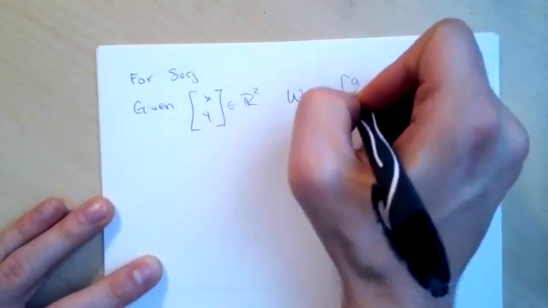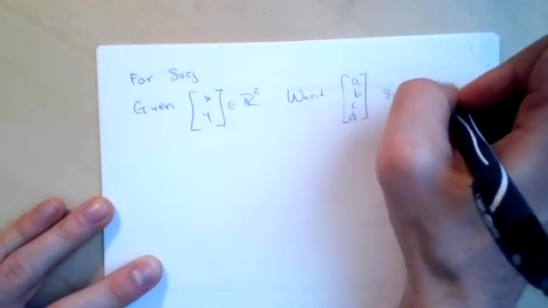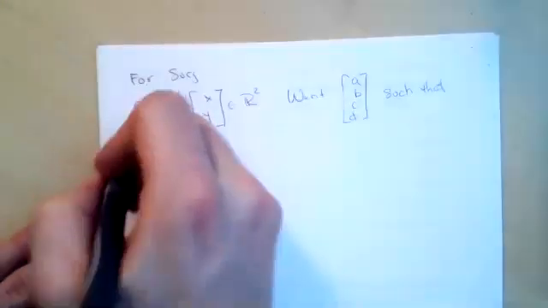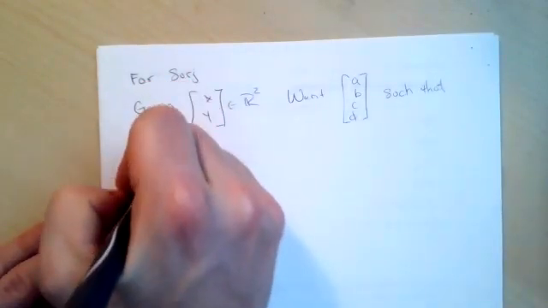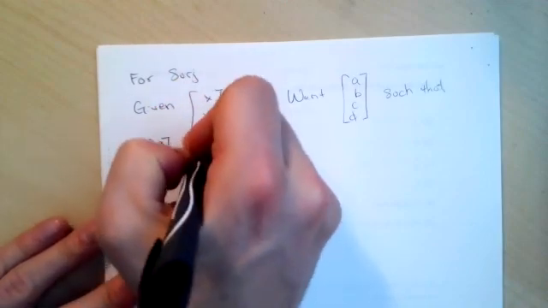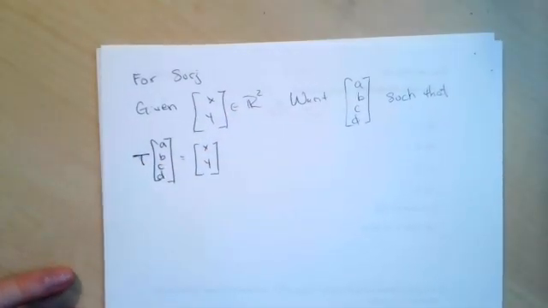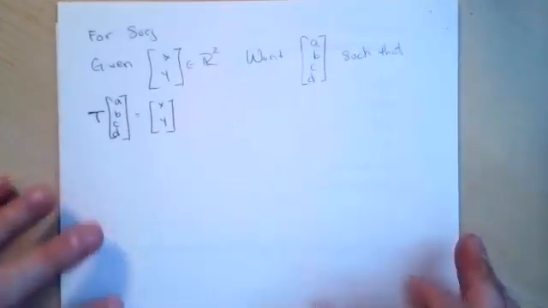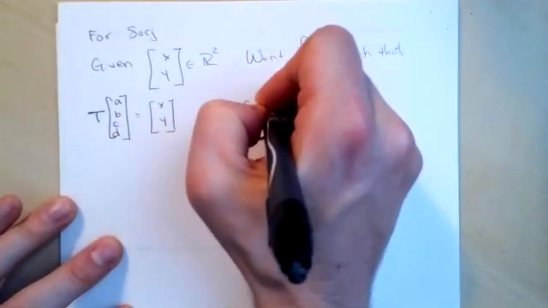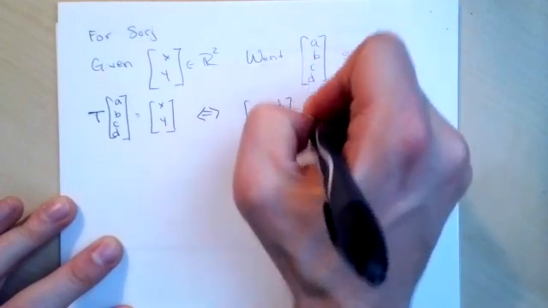We want a vector in the domain such that this holds. So in other words, what we want is a vector that satisfies this.